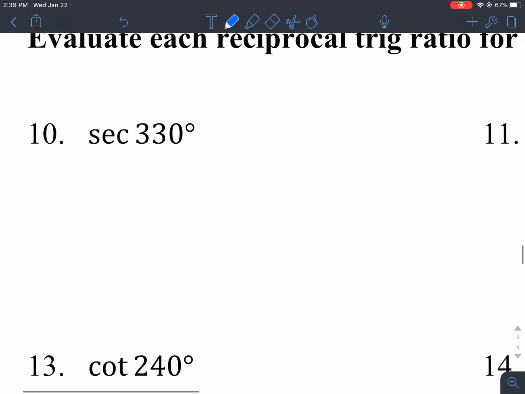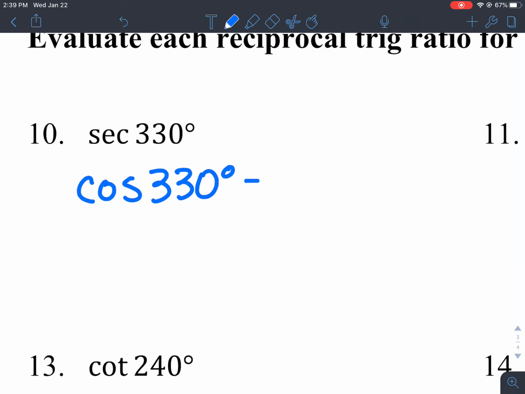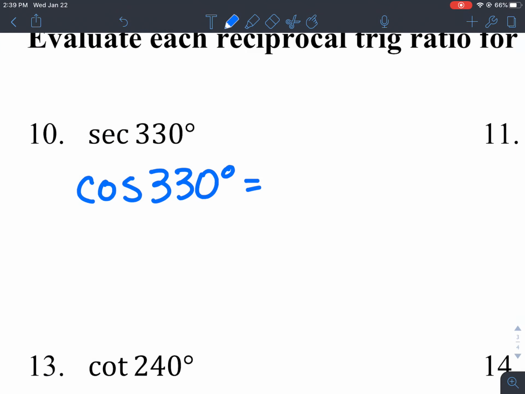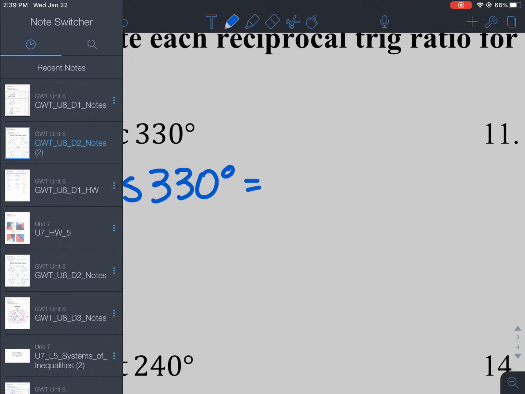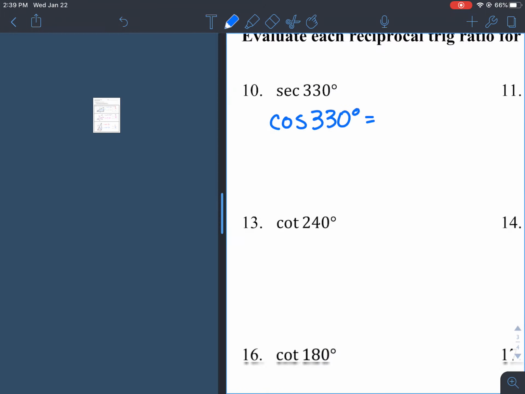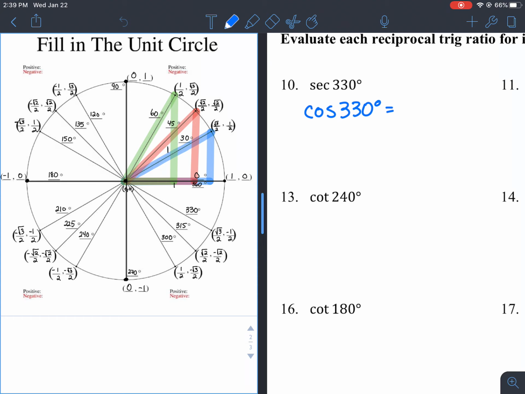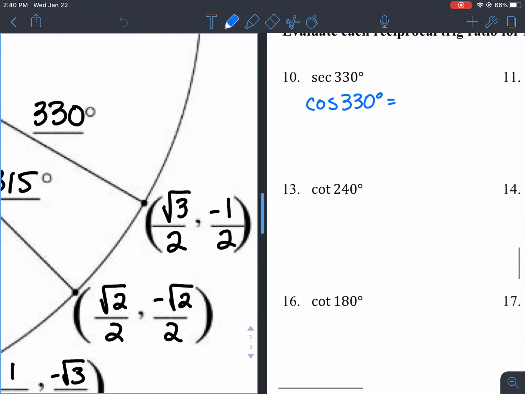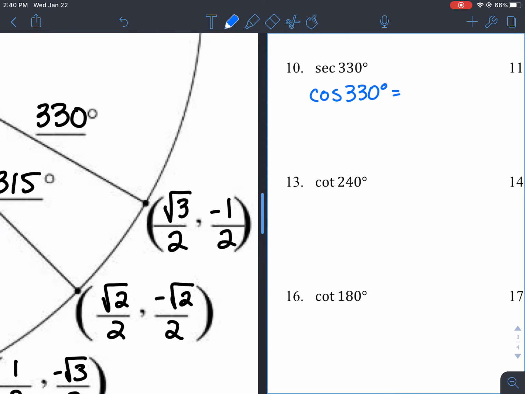So what we're going to do first is find the cosine of 330 degrees. And remember, we do that by figuring out where the x value is at 330. So at 330, I can see the x value is root 3 over 2.